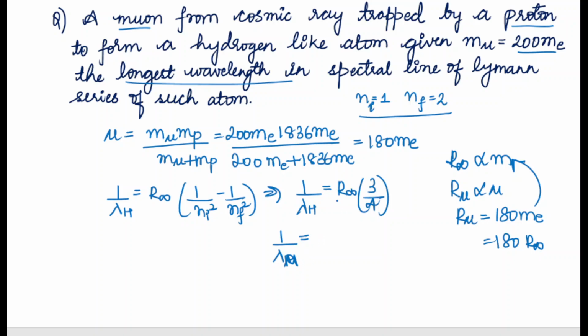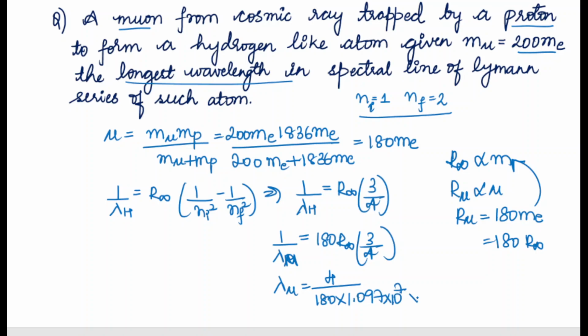Instead of R infinite it will be R mu. So R mu can be replaced by 180 times R infinite into 3 by 4, or lambda mu, if you reciprocal it, will be 4 divided by 180 times R infinite, which is 1.097 into 10 to the power of 7, in terms of meter. So you need to solve this and keep the answer in terms of meter. So this will be the final question.